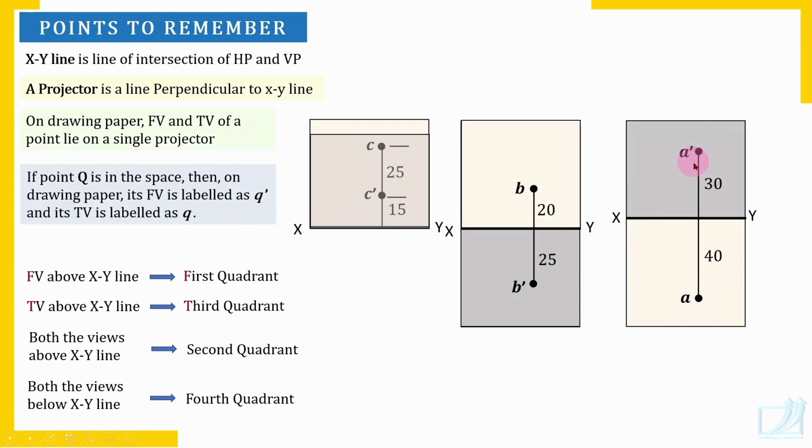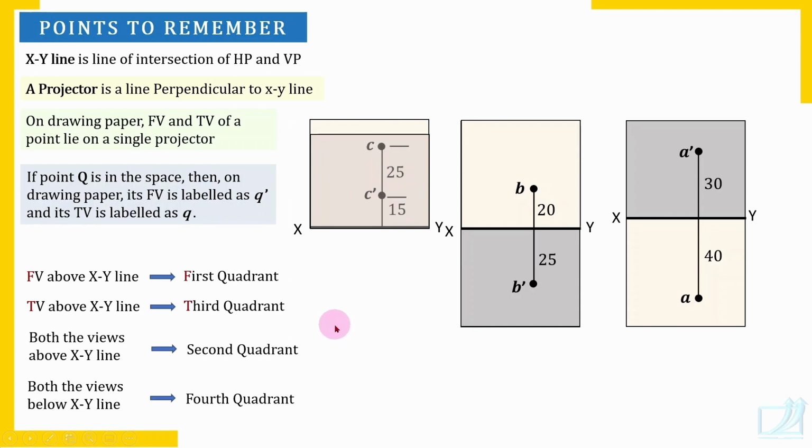So that means point A is in first quadrant. Top view above XY line, watch here, only top view is above XY line. So point is in third quadrant, here point B is in the third quadrant. This is not point B, this is top view of point B. Point B is in third quadrant. Both the views above XY line, second quadrant, and both views below XY line, that is fourth quadrant.